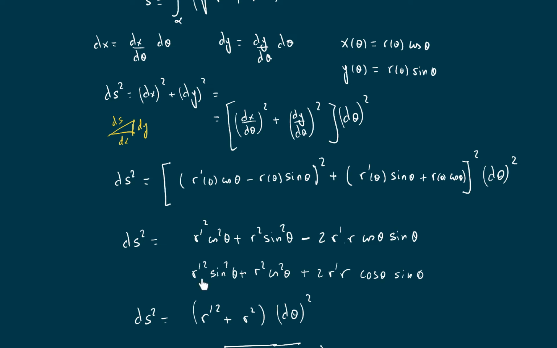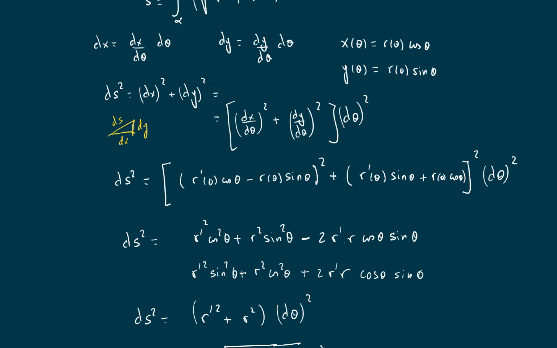Factor the common r prime squared, and cosine squared of theta plus sine squared of theta is 1, so r prime squared appears. When you do the sum here, the same thing, r squared times d theta squared appears.